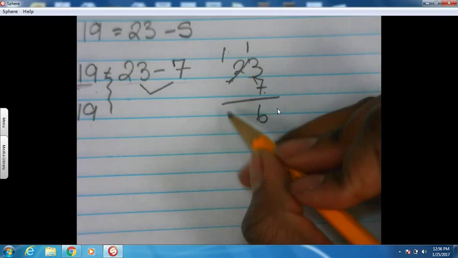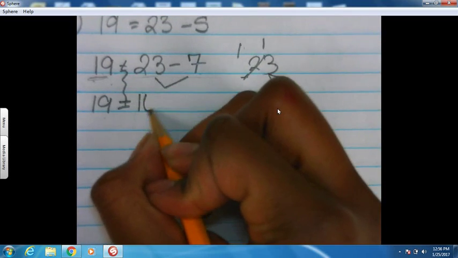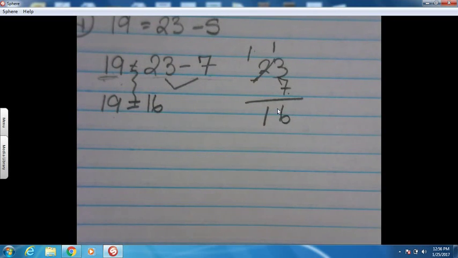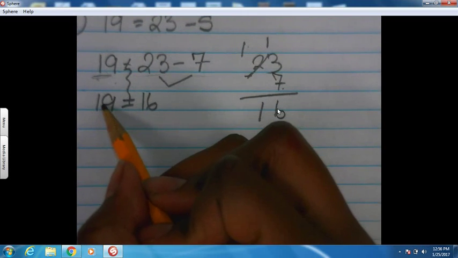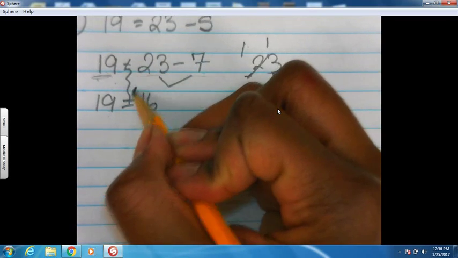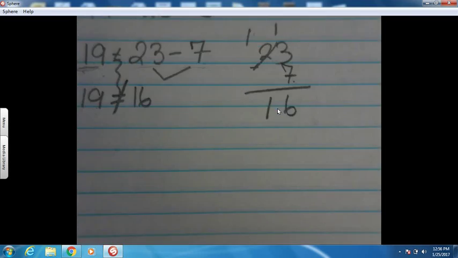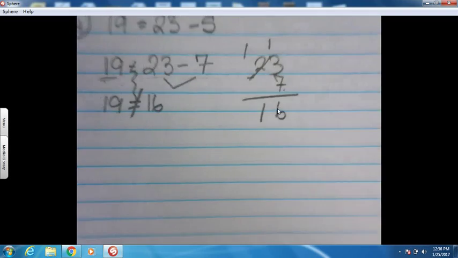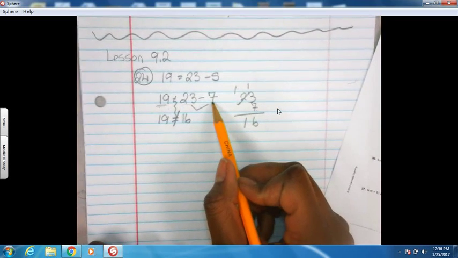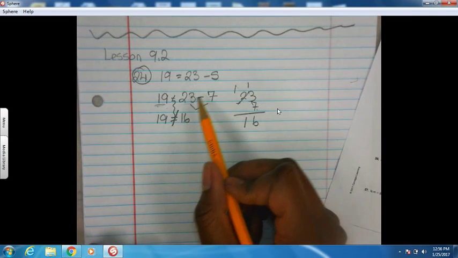And 1 minus 0 is 1. So I got 16. 19 equals 16. Is that right? Does 19 equal 16? Nope. 19 is not equivalent to 16. Now, what that means is if we use the value of 7 for S, it makes this equation untrue.